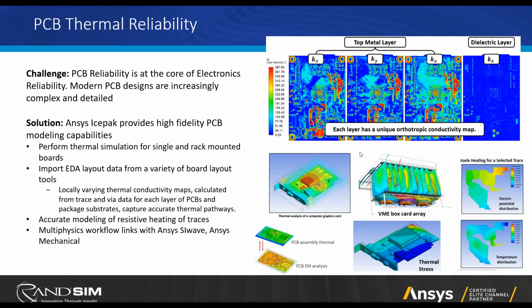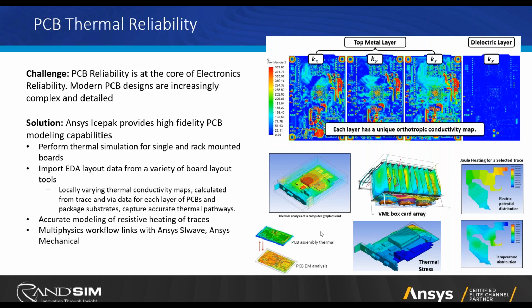Next is the PCB. This is probably the most often used scale. So similarly to the chip, we're going to have maybe an electrical simulation first of your power distribution network, what kind of currents are in which traces. Once this simulation is performed, that information can be sent to IcePak.